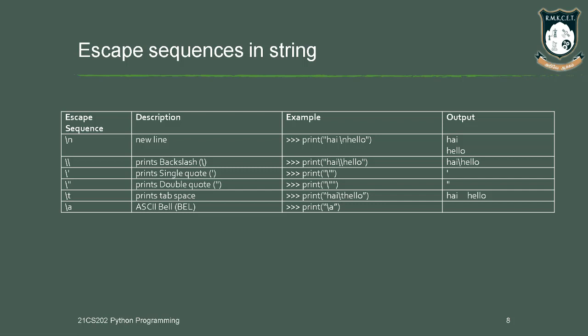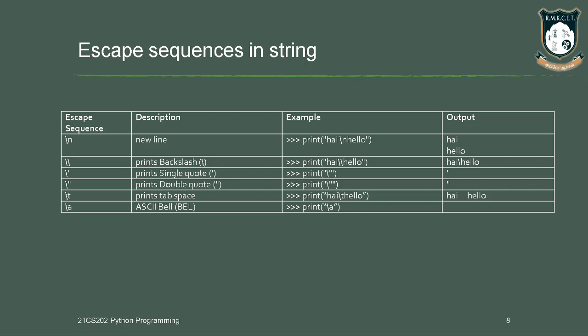Okay, so to use an escape sequence you have to use a backslash followed by the character associated with that particular escape sequence. Sorry, it is a backward slash. So for the new line you have to use backslash followed by n.